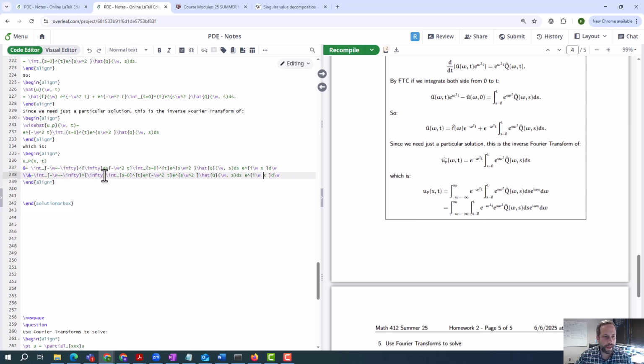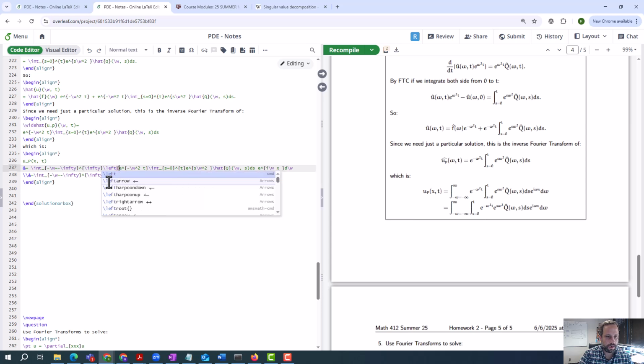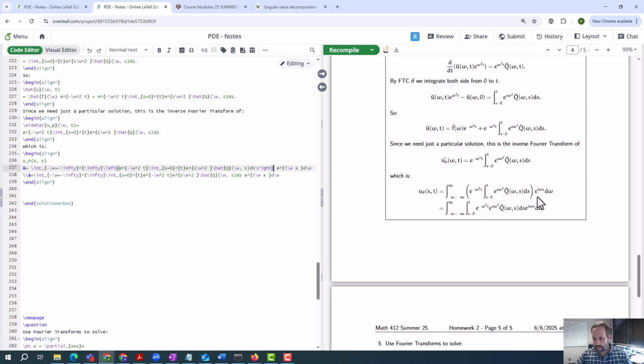Okay, so let me put this in parentheses here. The left parenthesis, left open, right closed, gives me big parentheses. So we get something like this. This is just a function of omega, and now we're doing the inverse Fourier transform, and we get this.